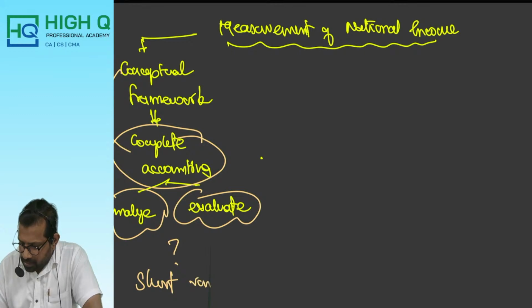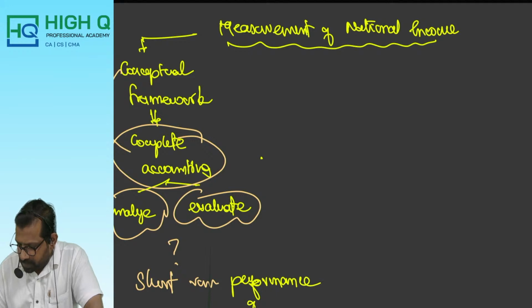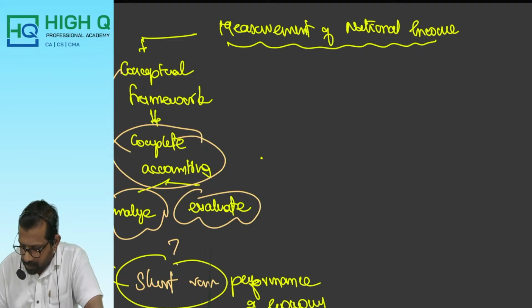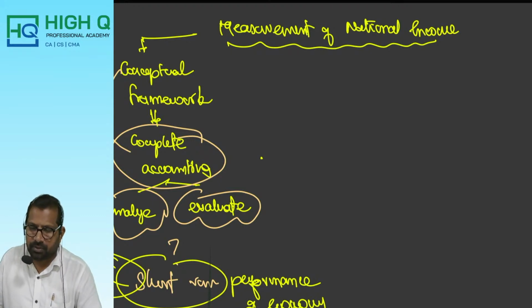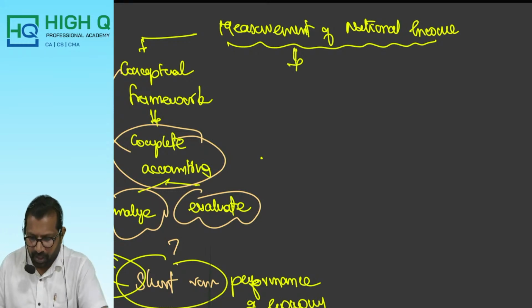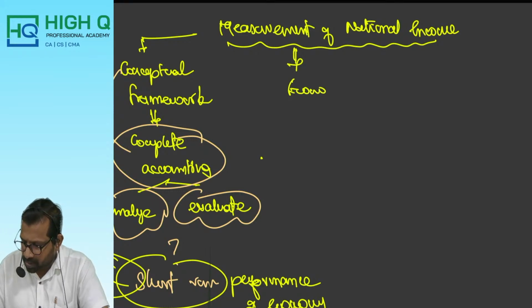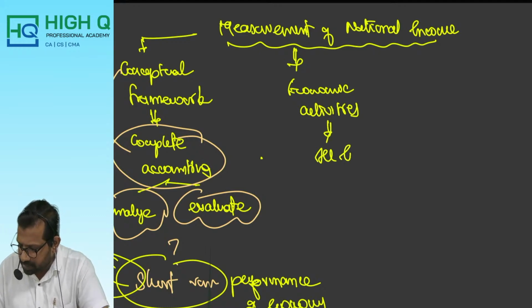Short run performance of the economy. So it deals with the short run performance of the economy. And point number 2, economic activities. So what economic activities are to be included in order to measure the national income? All human activities.